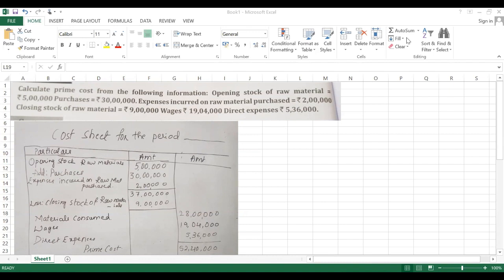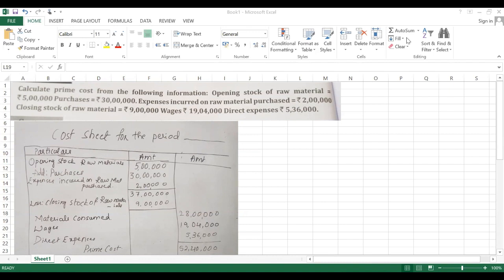Just for your understanding, I have considered a short question. So just go through the question once. I'll read it out for you. Calculate the prime cost from the following information. Opening stock of raw material is given. Purchases during the year are given, and even the expenses.